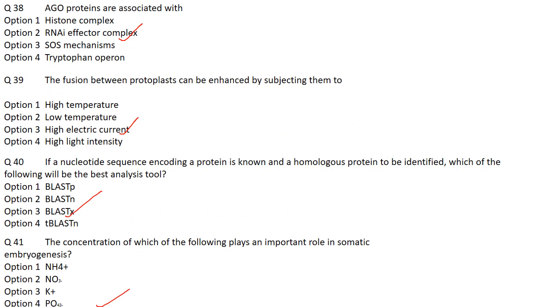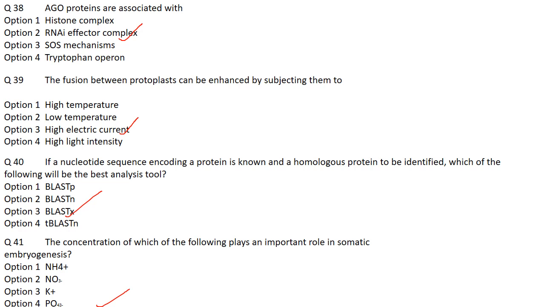So AGO constitutes the core of the RISCs, that is RNA induced silencing complex, with different members having a variety of protein binding partners and biochemical properties. So RISC uses the siRNA or miRNA as template for recognizing the complementary mRNA.